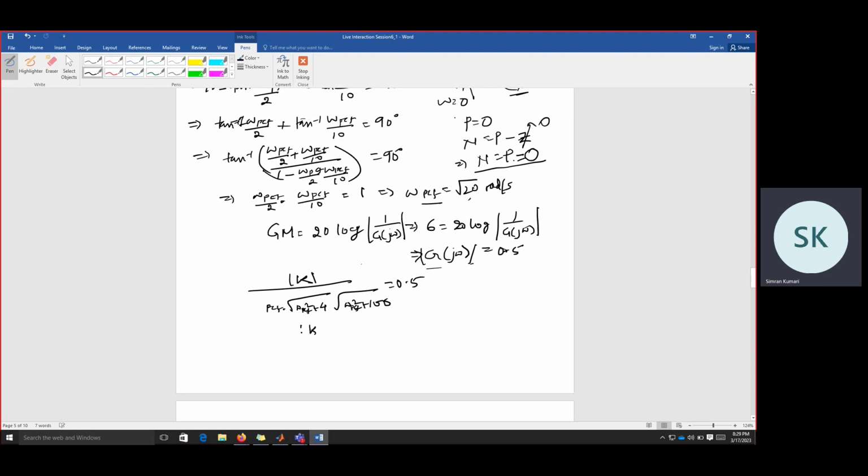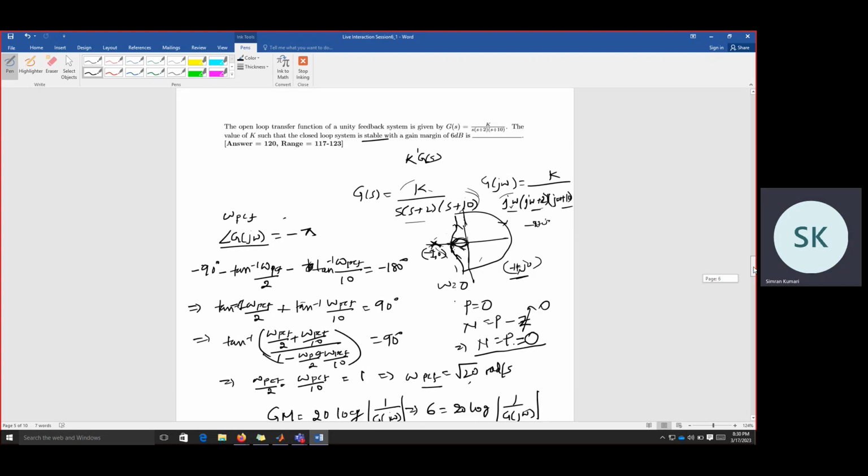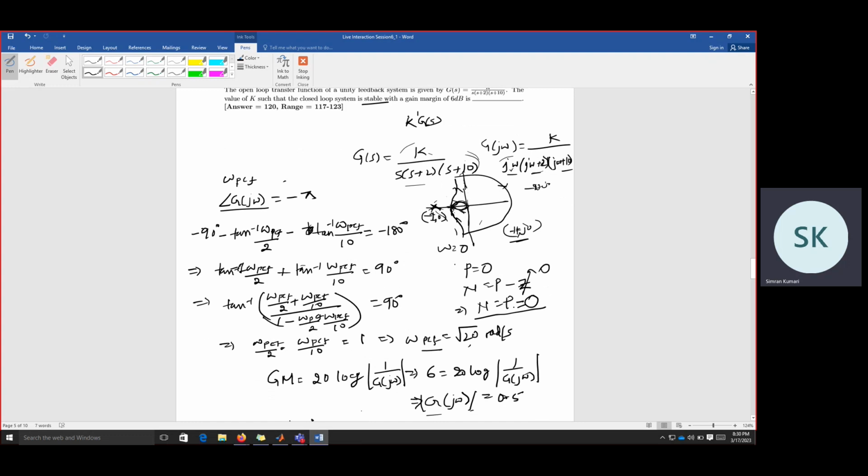This will be K by root 20, root 24, root 120, equal to 0.5. Solving this, the value of K we get is 120. So if the value of K is 120, then the gain margin of the system will be 6 dB.